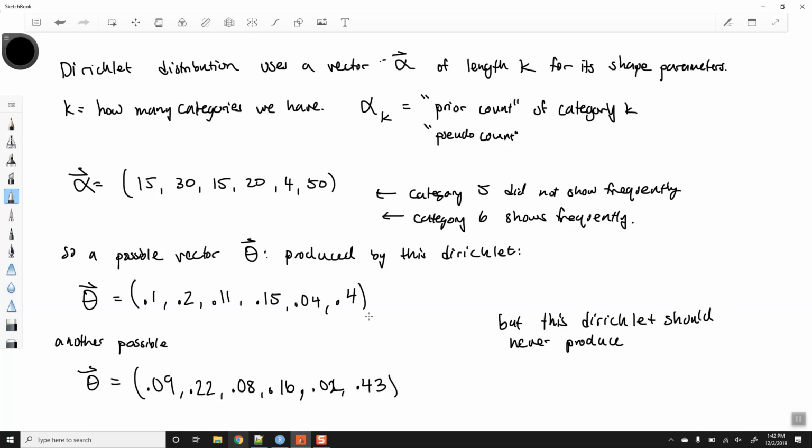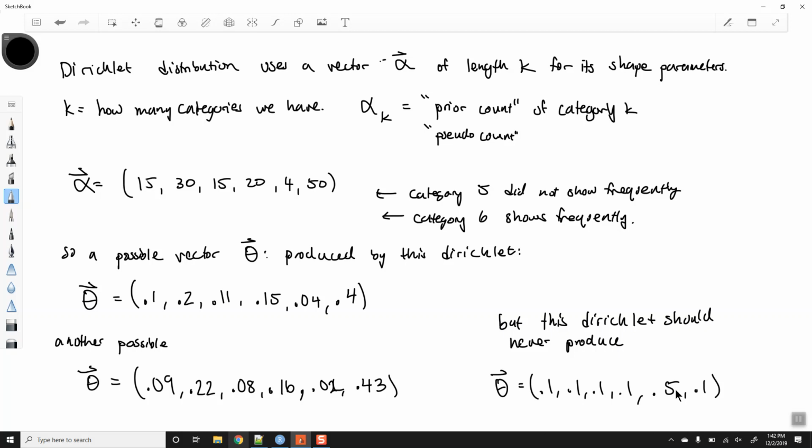Based on the prior counts or pseudo counts that we've put into alpha, these are the kinds of vectors theta that it might produce, but it should never produce a theta like 0.1, 0.1, 0.1, 0.1, and then this one with 0.5 and 0.1. This should never happen, right? Because according to the prior counts, the probability of category 5 should be very low, and for this to end up being 0.5, that kind of thing should never happen.